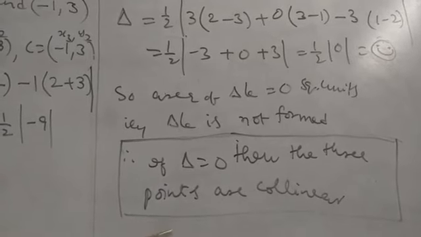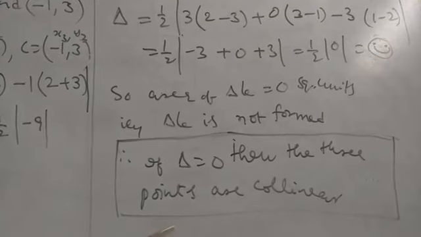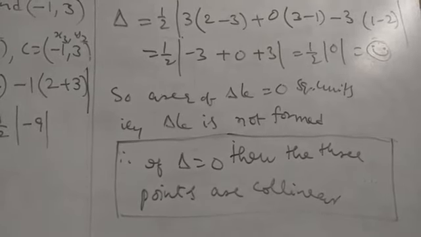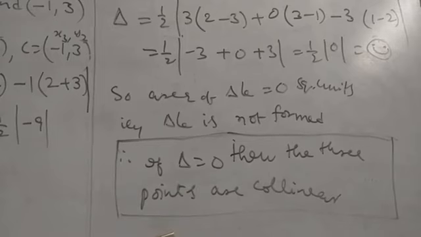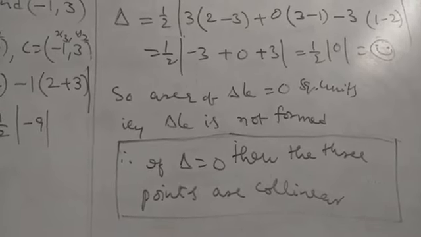We have discussed 3 cases already. One is by using the distance formula, another one is by using the section formula, and the third one is by using the area of the triangle formula.